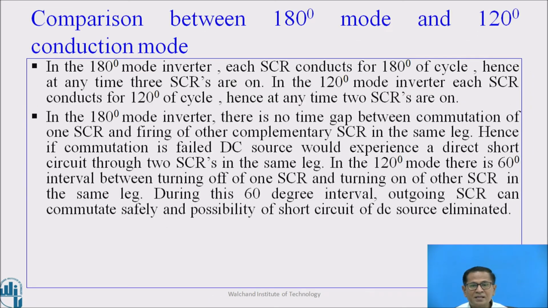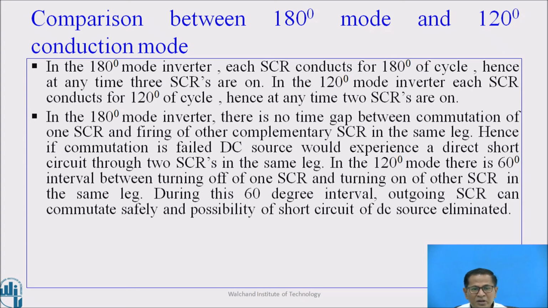Now, comparison between 180 degree and 120 degree. In the 180 degree mode, at any instant of time, 3 power devices are in conducting state. And in the 120 degree mode, 2 power devices are in conducting state. Now, in the 180 degree mode, there is no time gap between the turning off of one device and the turning on of another device.